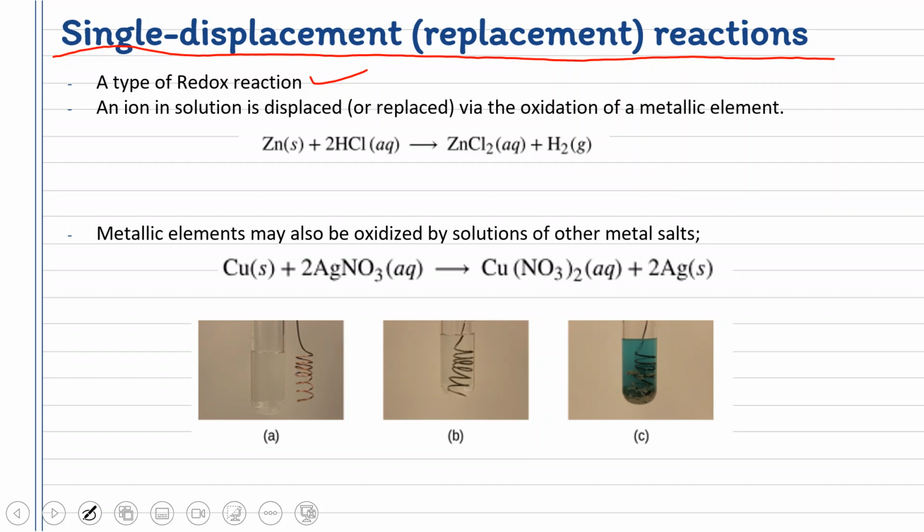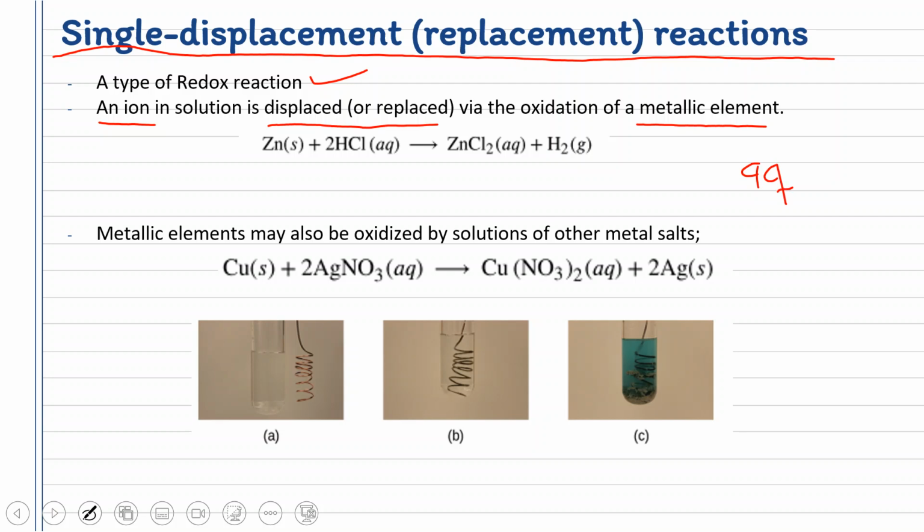So one, it is a type of redox reaction. The second thing, in this type of redox reaction, an ion in solution is being displaced or replaced by a metal. In solution means aqueous. It means that whatever ion has come out of its compound because it's dissolved in a solution.